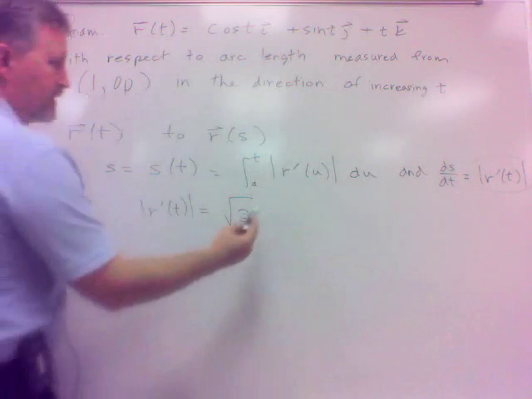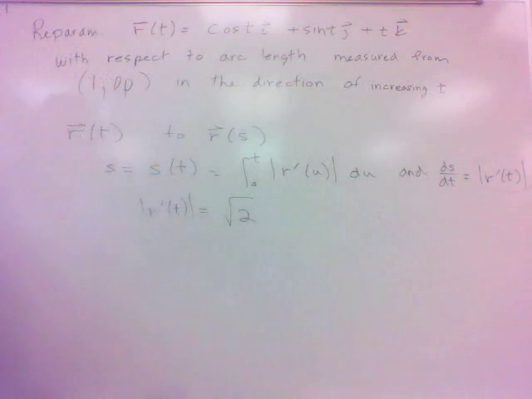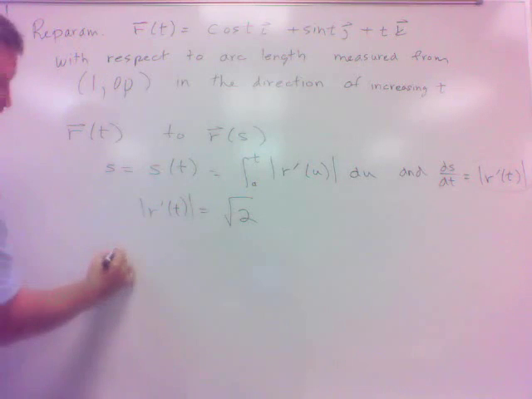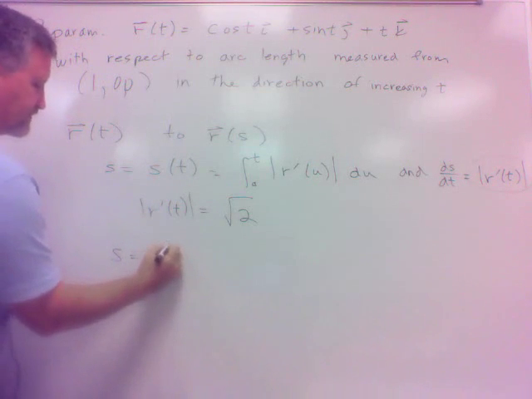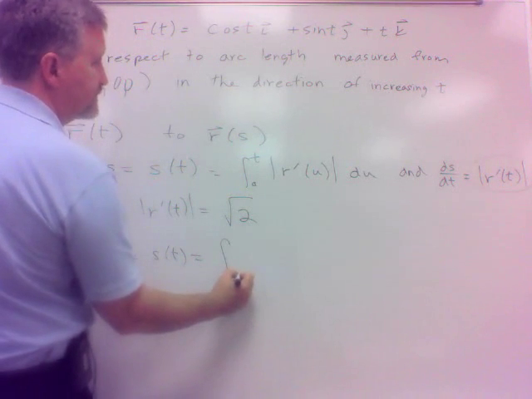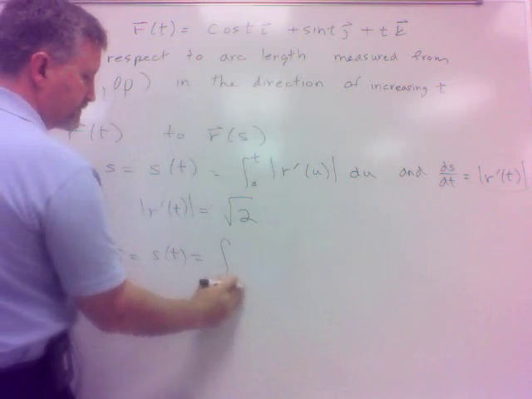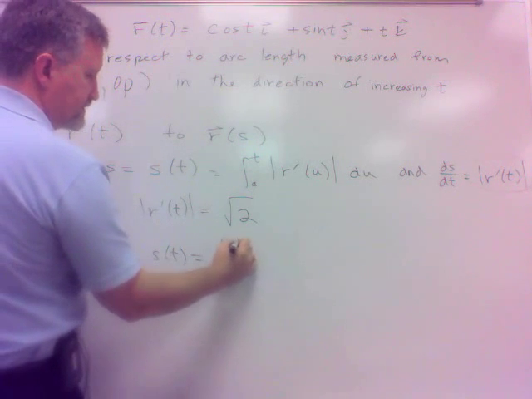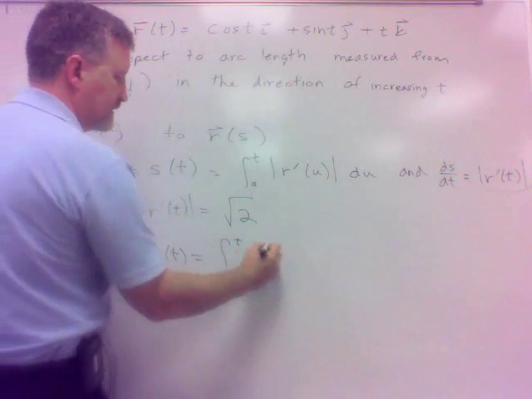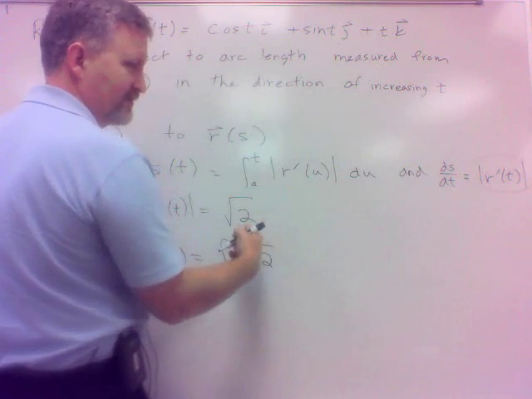So s of t is going to be the integral from a, which in this case is 0, since we're starting at t equals 0, from 0 to t, and we know this magnitude is the square root of 2.